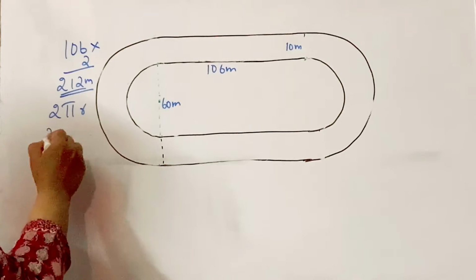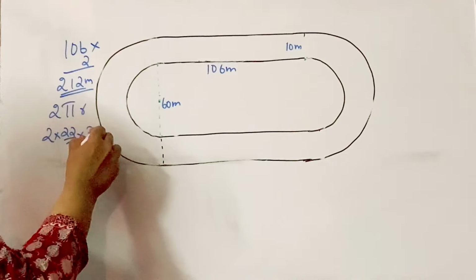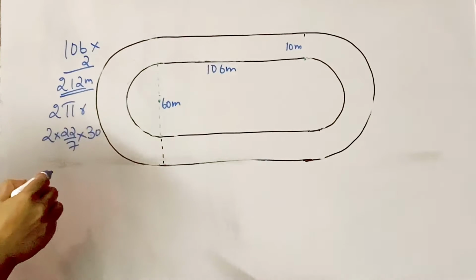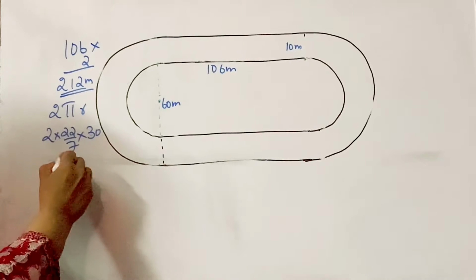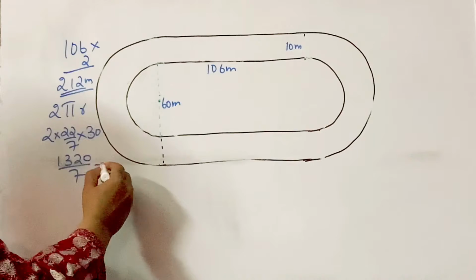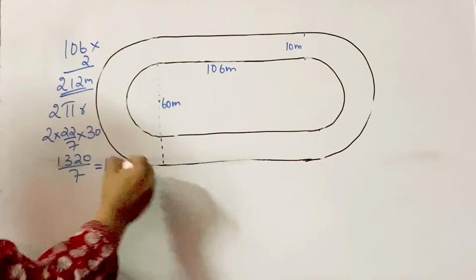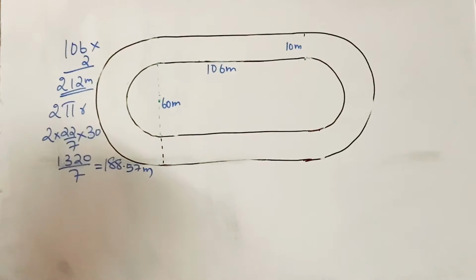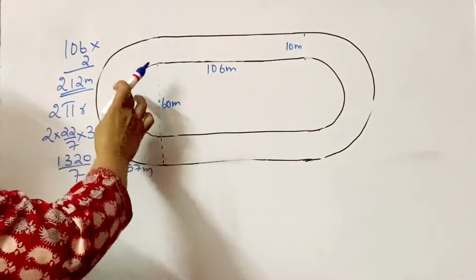Yes, that is 2 into 22/7 into 30. That is 1320/7. That length is 188.57 meters.